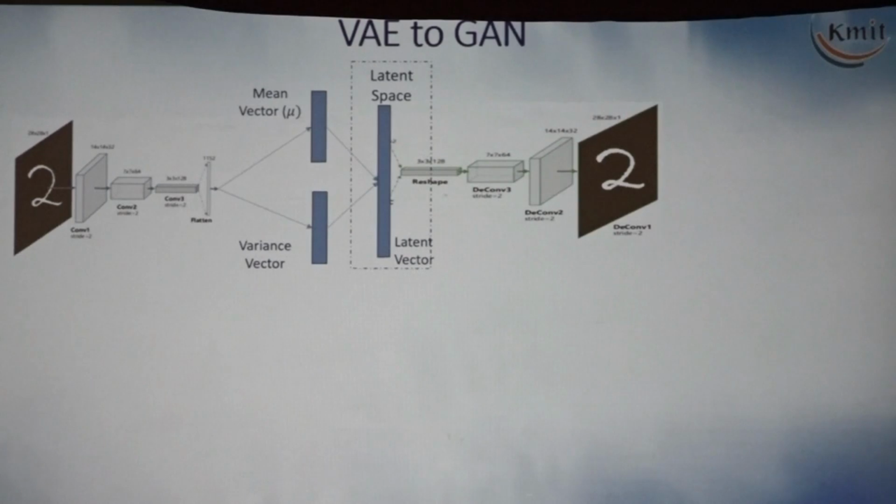I want to generate from noise. Where is the noise here? In this entire architecture, where is the noise? Here. It is random. Random noise is here. From here, we are generating this image, and of course we are taking the support of the mean vector.